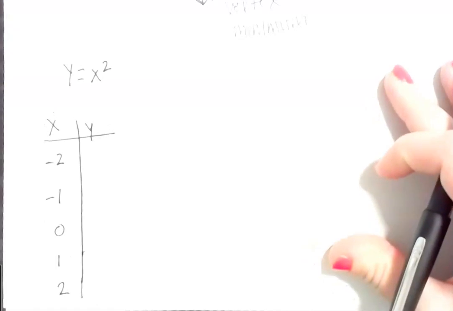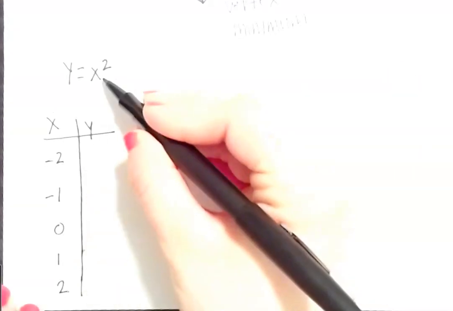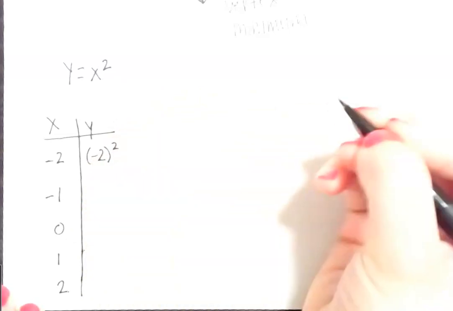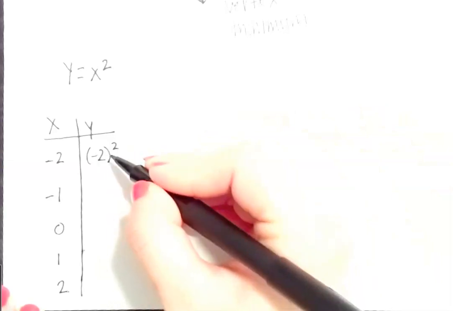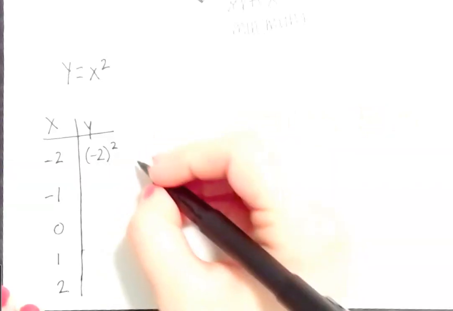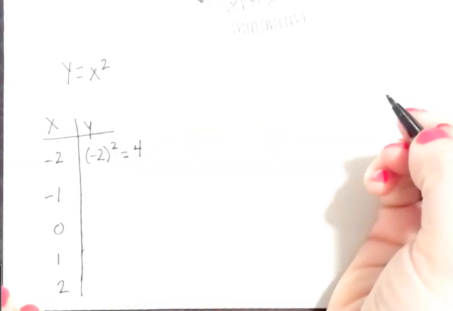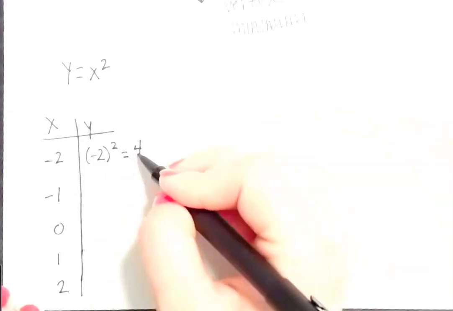If I plug in -2 for x, I'm going to have -2 squared. Remember, if I square something, I'm just taking this number times itself. So -2 times -2 is just +4. That's it. So I'd have the ordered pair -2, 4.